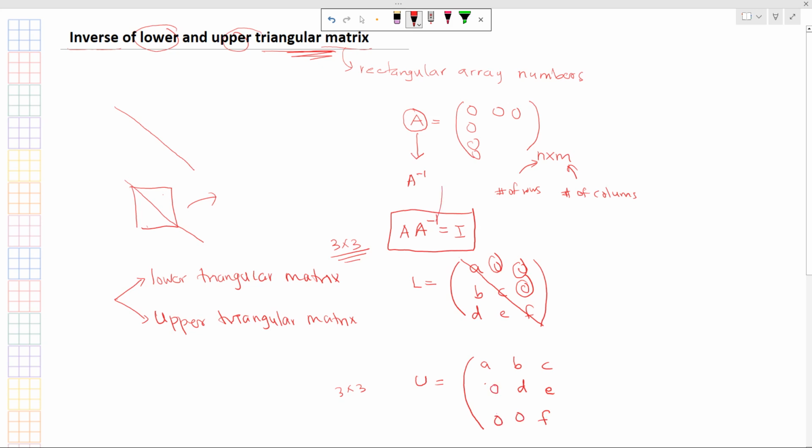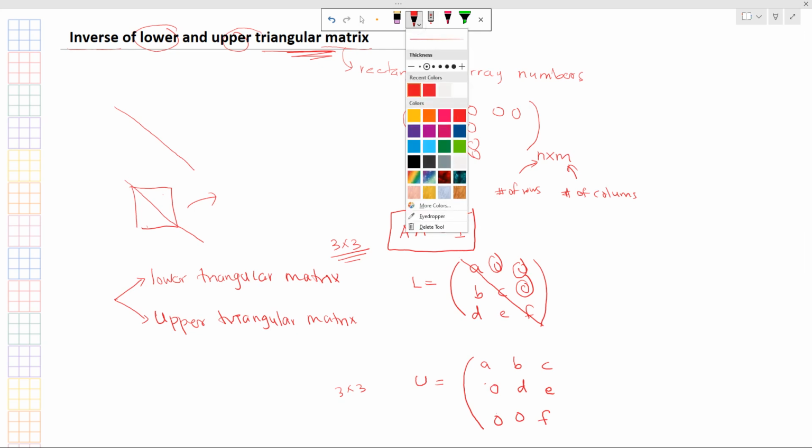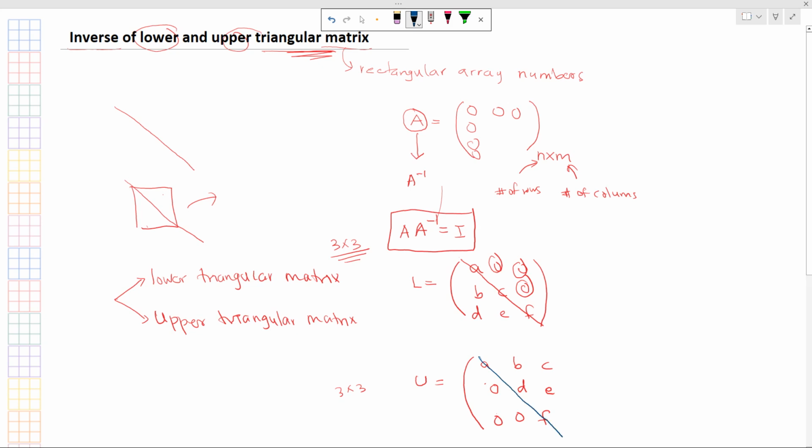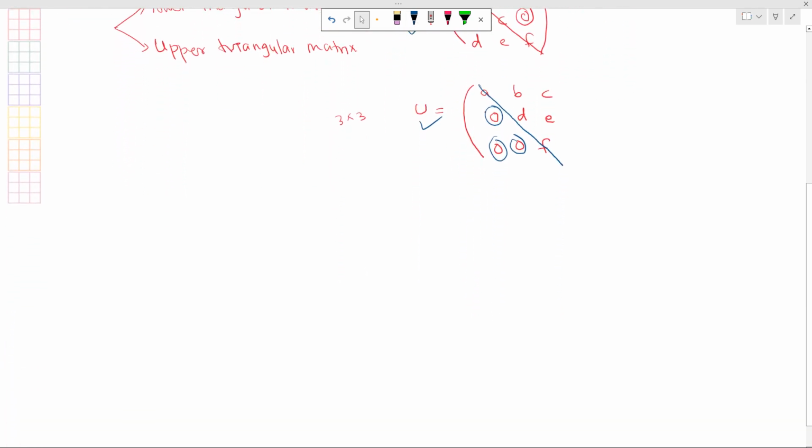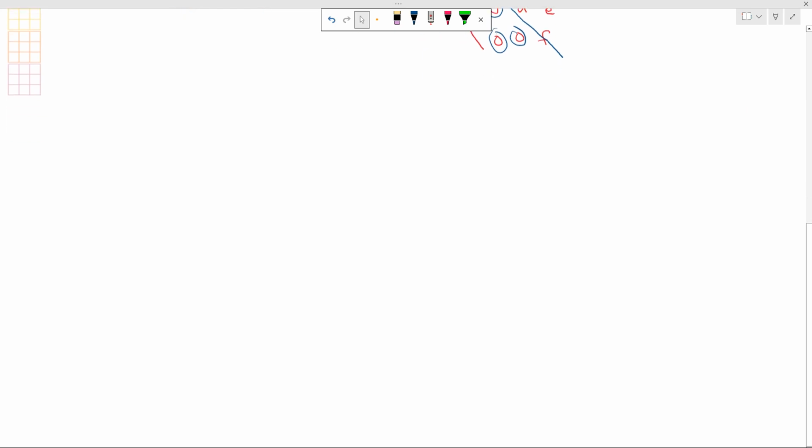Here also, these are the diagonal elements, and the elements below the diagonal elements are 0. So this is called an upper triangular matrix, and that is a lower triangular matrix. Now we will see how we can find the inverse of such lower and upper triangular matrices.